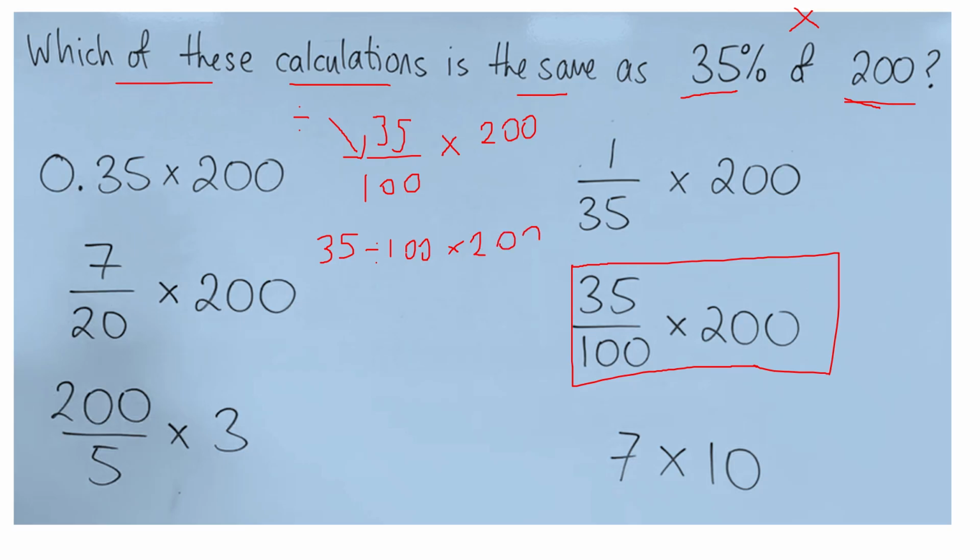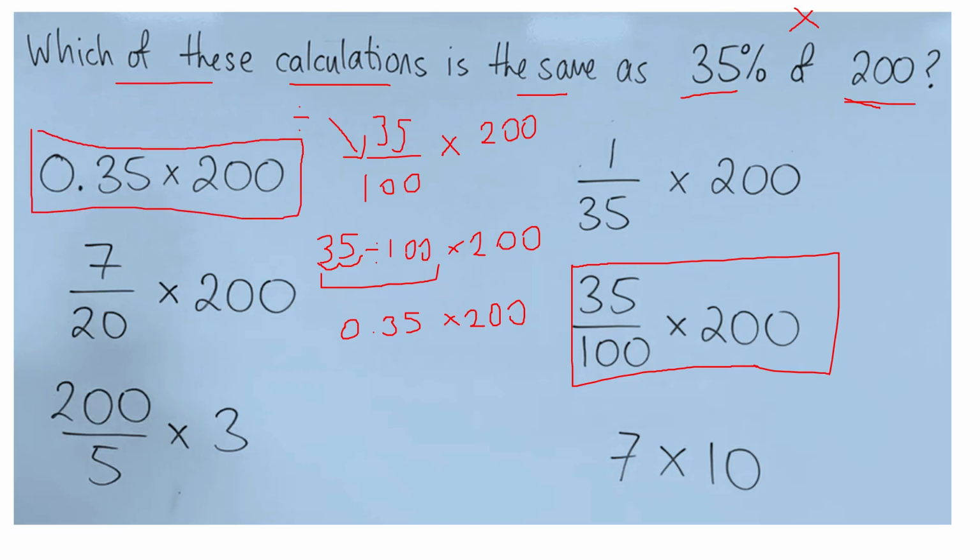Now 35 divided by 100, the decimal point moves two places to the left, so we get 0.35 times 200. We can see that that is the same as this top left option, because 35 hundredths as a decimal is 0.35, or in other words, to convert a percentage to a decimal, we divide it by 100.